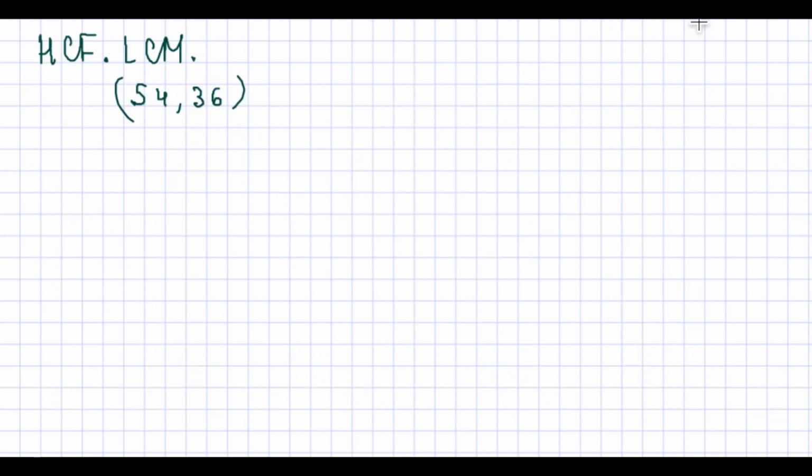Okay, now let us look at another method of how to find LCM and HCF of two numbers. Again, I'm going to use prime factorization. 36, I'm going to divide by only prime factors. It's divisible by 2. I can start with 3 as well. 18.